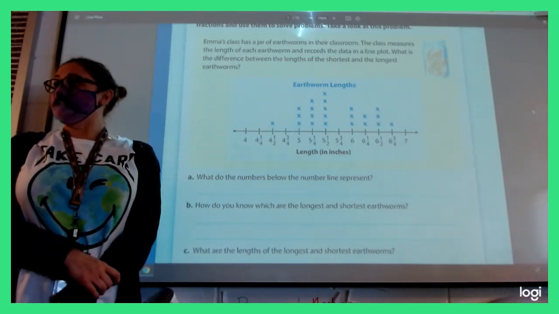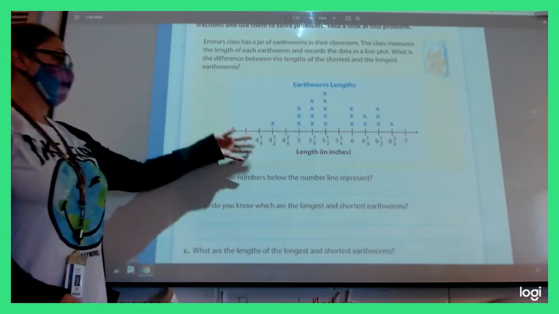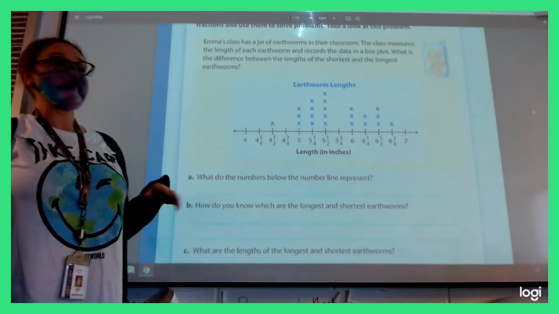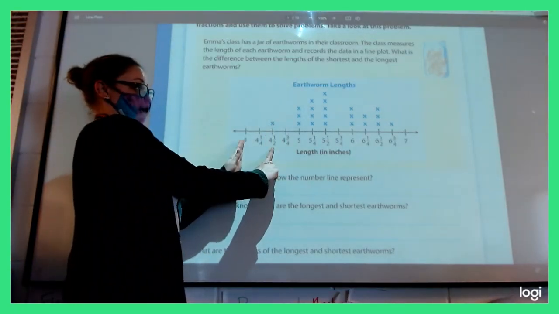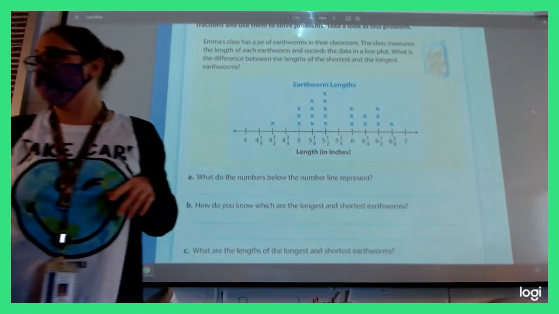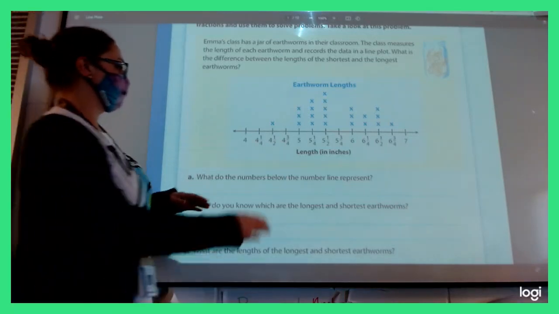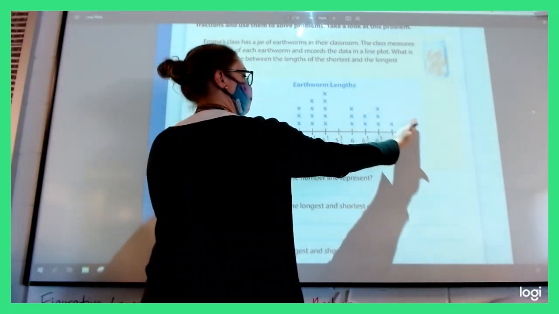Oh, there's no earthworm that's 0 or 1 or 2 or 3. No. So we could add all of that, but it's kind of a waste of time. So they started at 4 because the first earthworm length isn't until 4.5. Okay? And we also didn't go to 100 inches because there were not earthworms that long, thank goodness. So you just have to put your data numbers between all your data points.